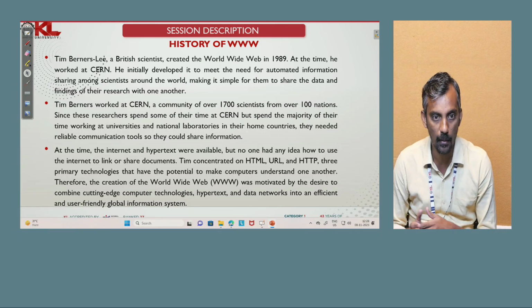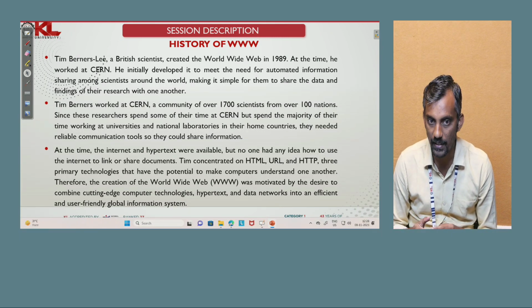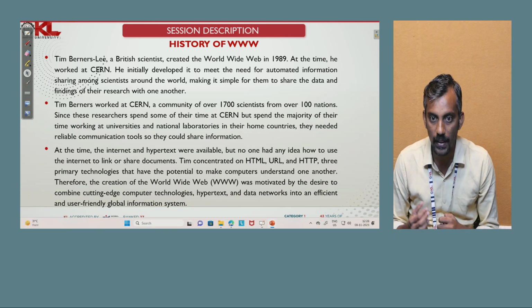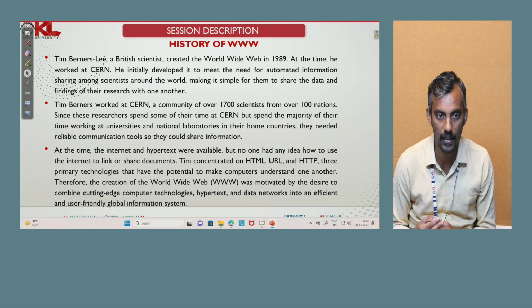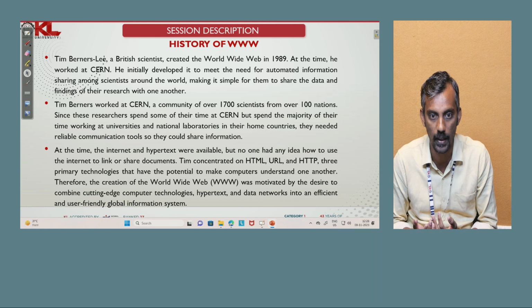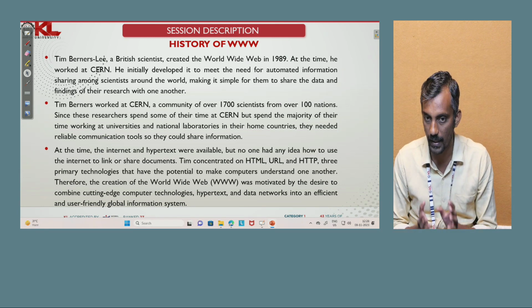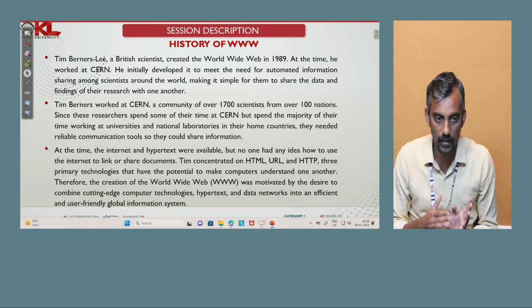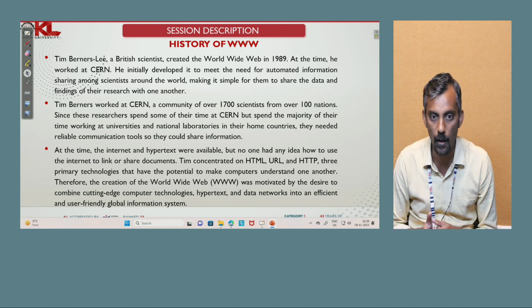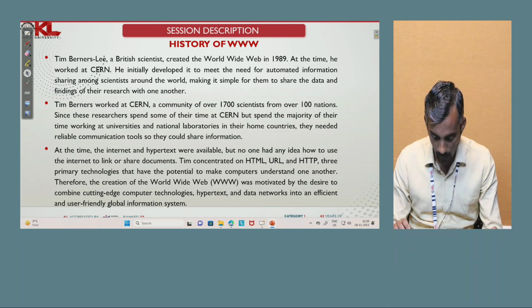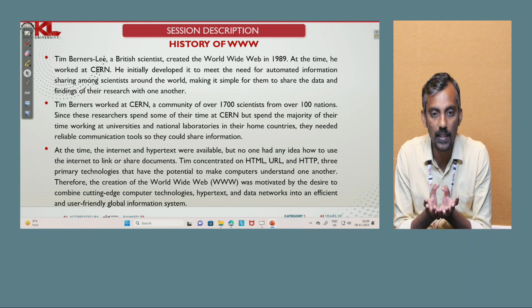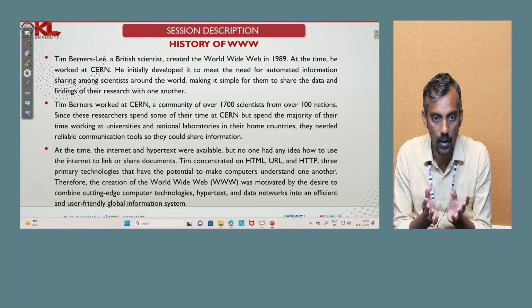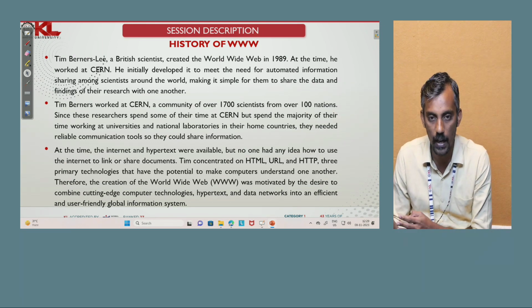At this time, the internet and hypertext were available, but no one had any idea how to use the internet to link documents. The team worked on HTML, URL and HTTP. These three primary technologies have the potential to make computers understand one another. When these three are collaborated and connected together, it is known as the World Wide Web.